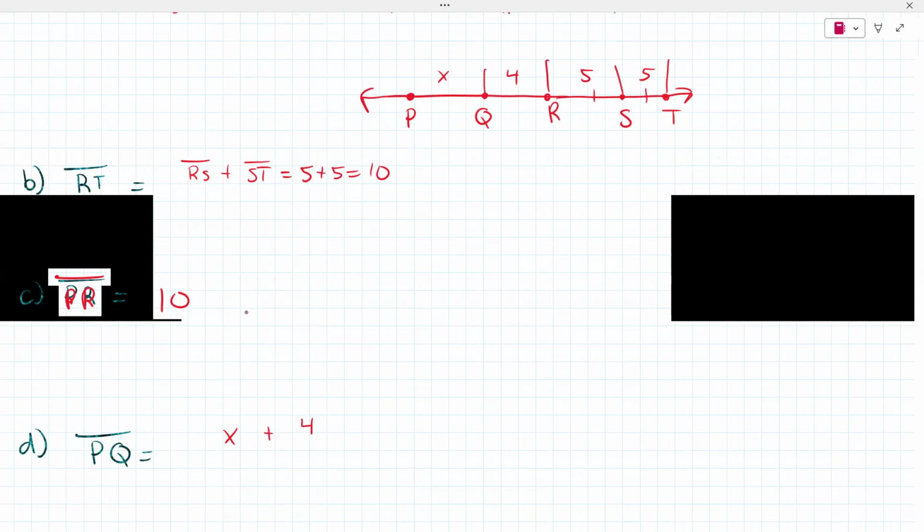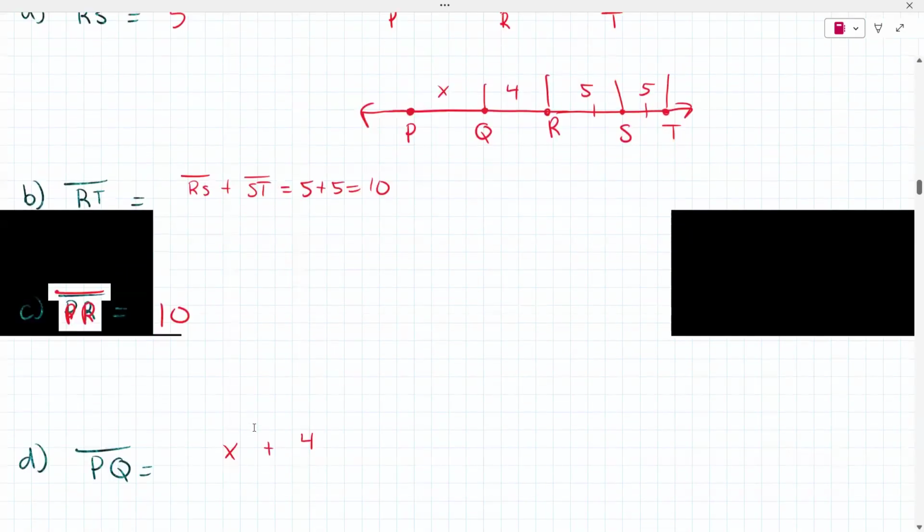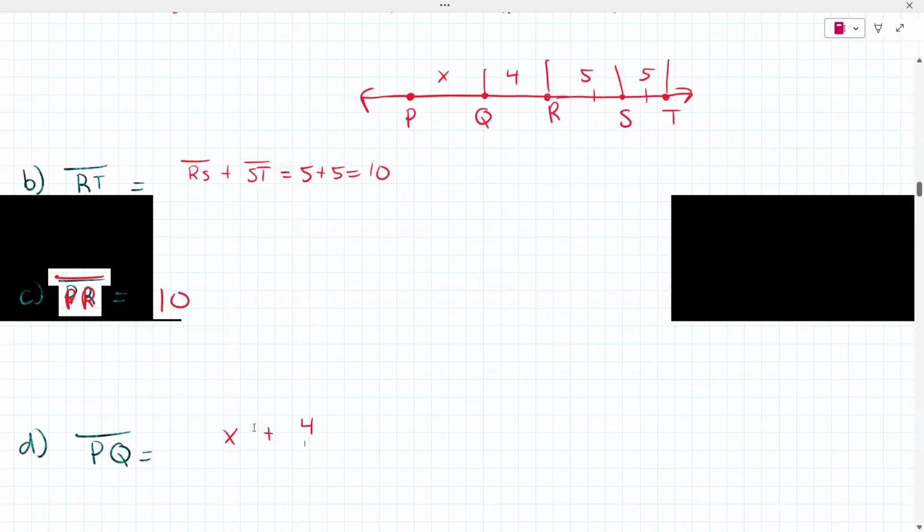And what else do we know? PQ. So we don't know the distance of PQ, so we'll call it X, plus the distance of QR, which is 4. And then that should equal the distance of RS, right?